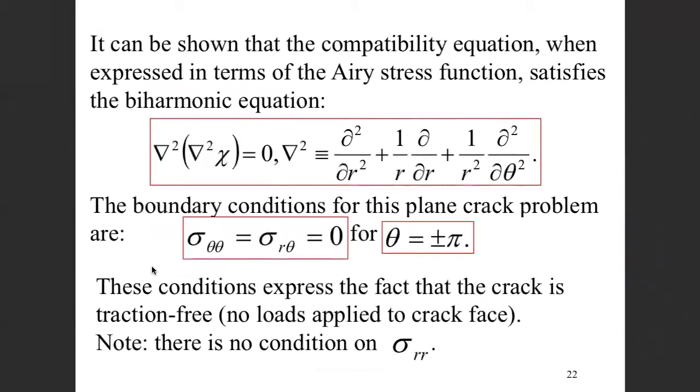So, in terms of polar coordinates, the biharmonic equation looks like this, and we need to specify boundary conditions. These boundary conditions basically just say that the crack surface has to be traction-free, right? Because those are free surfaces in our body.